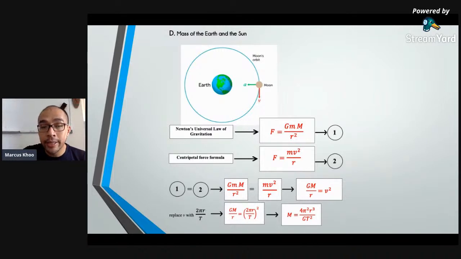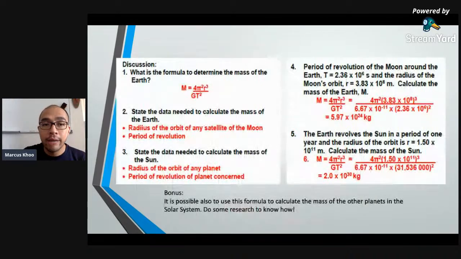And t squared is how long it takes for the moon to orbit around the Earth. So this is the answer for the third part. And we find that this is the formula on how to determine the mass of anything: the mass of the Earth, the mass of the Sun, the mass of any planet. This is how we do it calculatively.